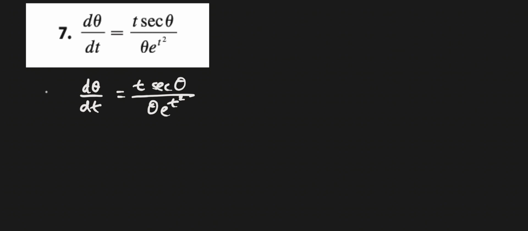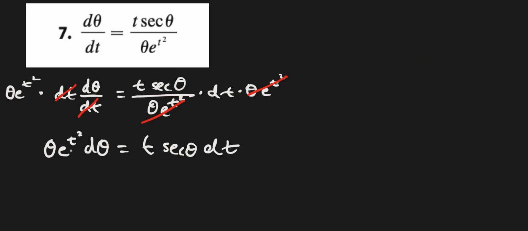Well, first I will multiply by dt on both sides, okay? And I will also multiply by theta e to the t squared. What I do on one side, I need to do to the other side. So let me look at the cancellation.